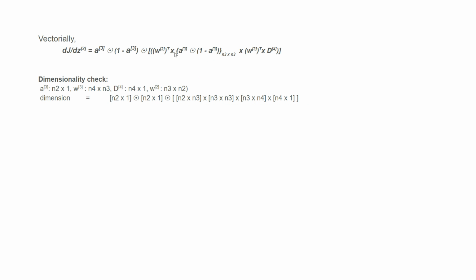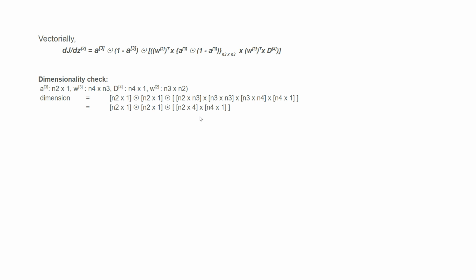A3 and element-wise 1 minus a3. This curly brace shows that originally a3 was n3 cross 1, but by this curly brace we mean that this n3 cross 1 is concatenated n3 times column-wise, so it will become a matrix of n3 cross n3. Here it is n3 cross n3, W3 transpose is n3 cross n4, and d4 is n4 cross 1.